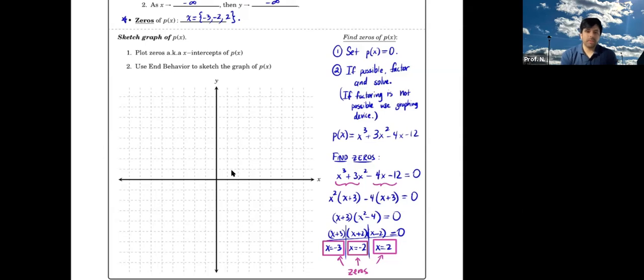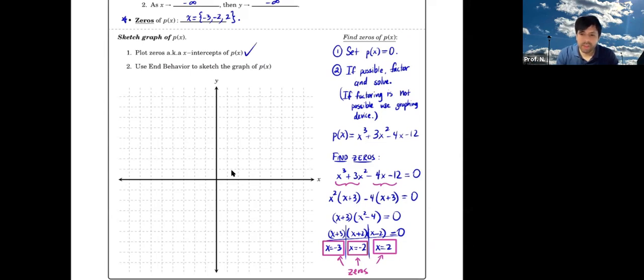Now the final goal, the final objective of polynomials, is being able to sketch it. We don't need it exact, but we want a good sketch. And what do we need? We need to plot the zeros.